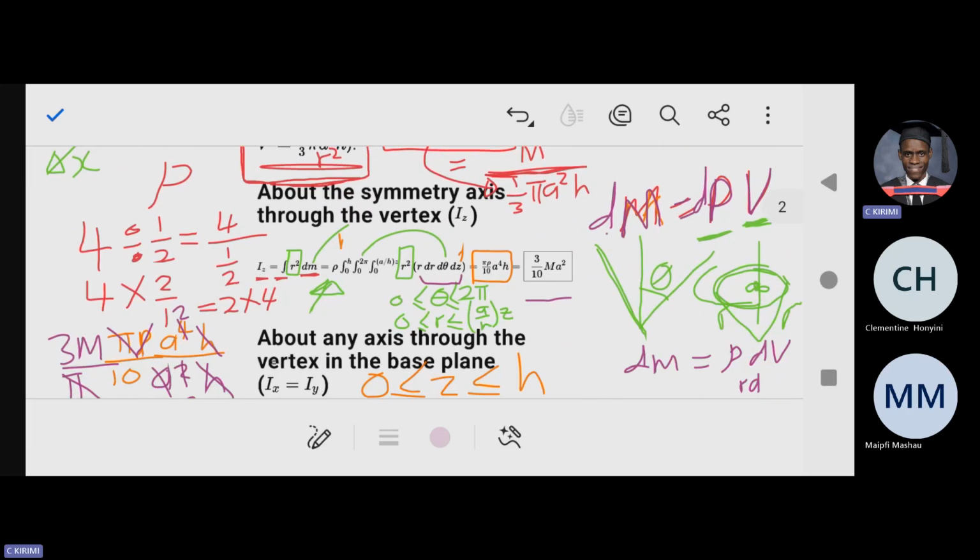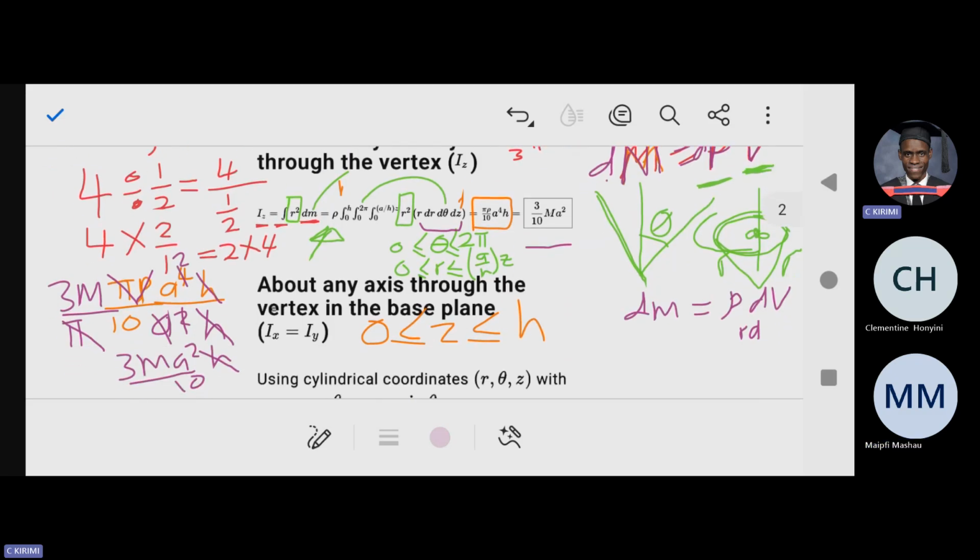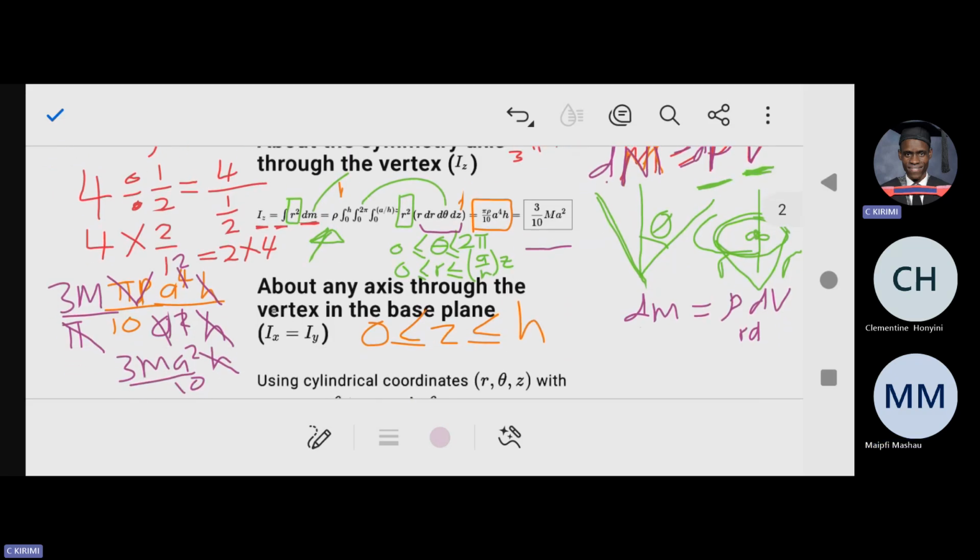And then the limits that you are going to integrate: r you'll be integrating from 0 up to a over h multiplied by z. Theta you'll be integrating from 0 up to 2 pi. And z you'll be integrating from 0 up to h.